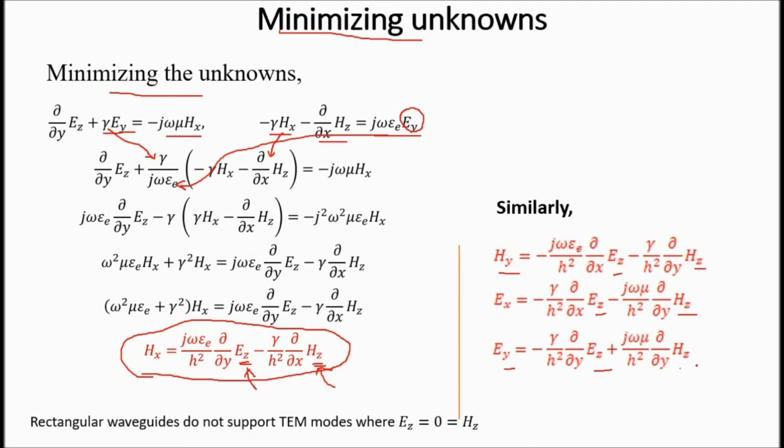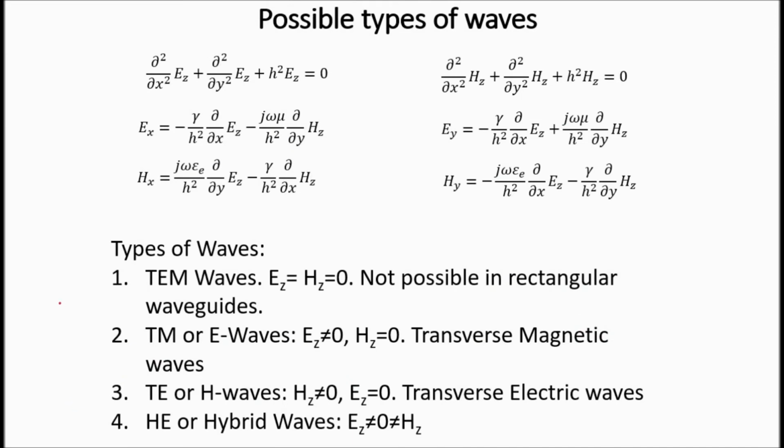So all the field components are obtained in terms of Ez and Hz. We find the Ez expression from the wave equation, which we already showed you how to derive. Then we find Ex, Ey, Hx and Hy by using the Maxwell's equations.